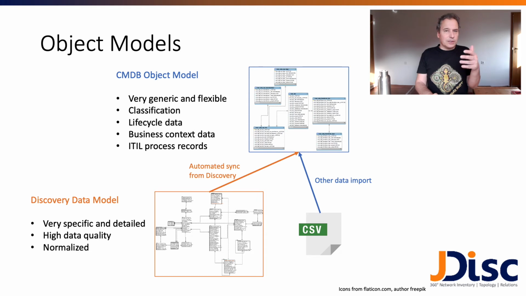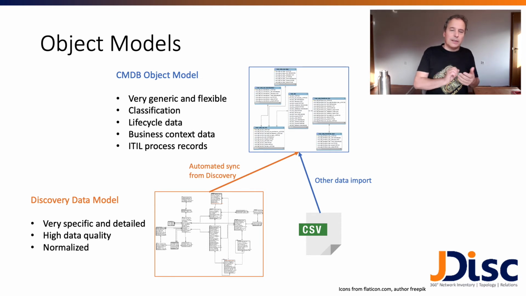For example, if there's a server, there's a responsible application that is running on this, and there's a responsible person attached to this configuration item. And also during the work of the ITSM process, you will have artifacts or records for these ITSM processes that you will find in the CMDB.